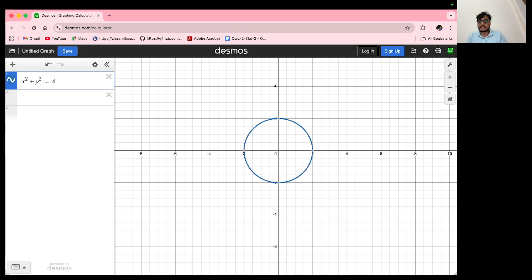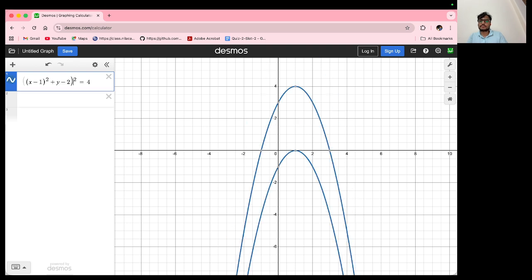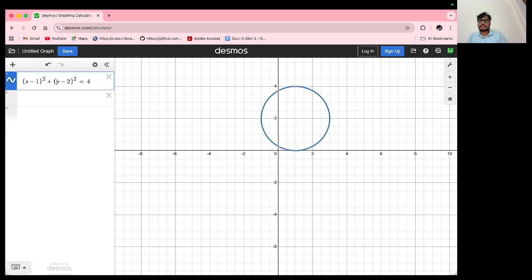Let's say I want the circle origin to be 1 comma 2. So here I will rigidly fix 1 and here 2, then the circle will go to this particular origin.